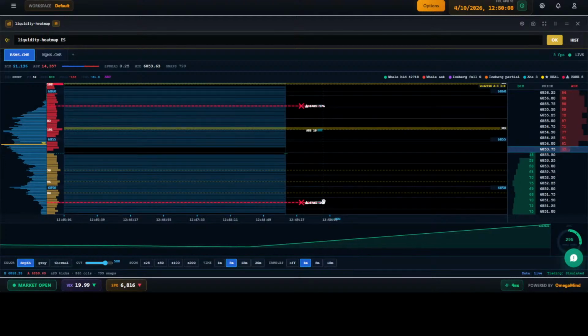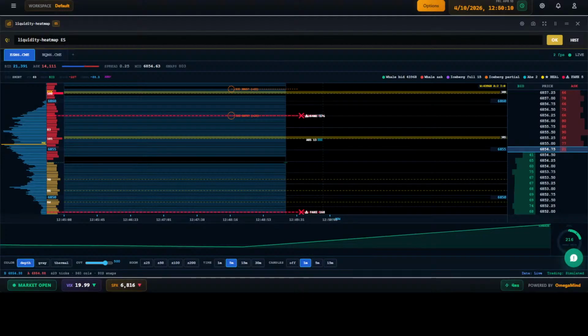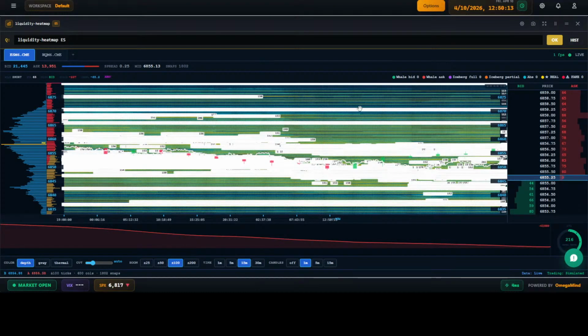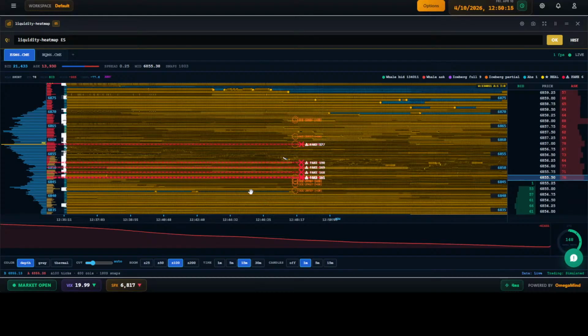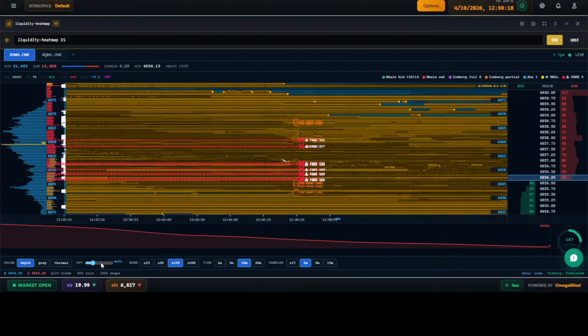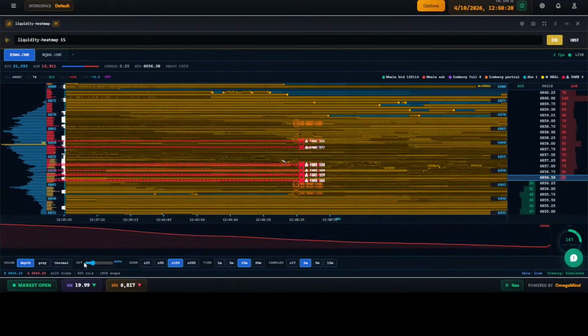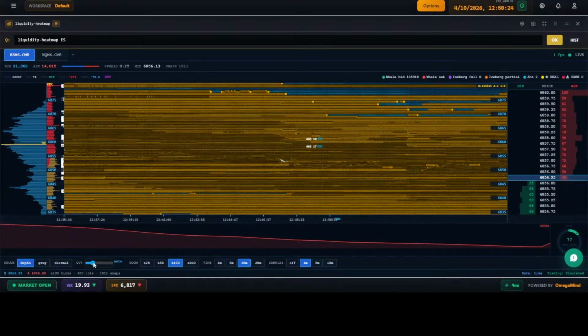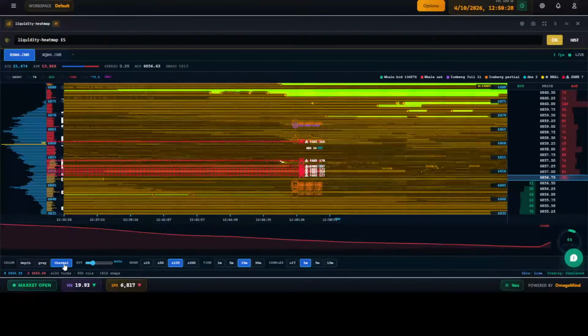You see this? How it's coming green like that? You can change the color with this guy right here. Go into thermal, and then take a look at where the big liquidity is sitting.